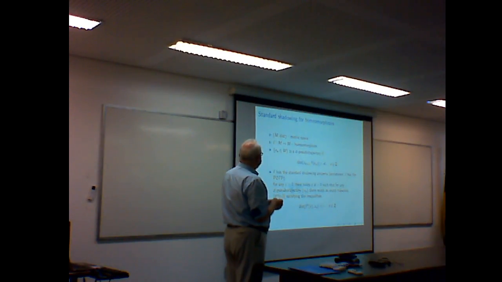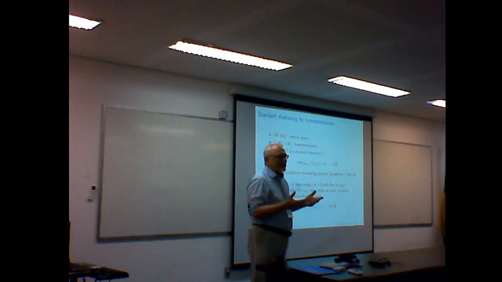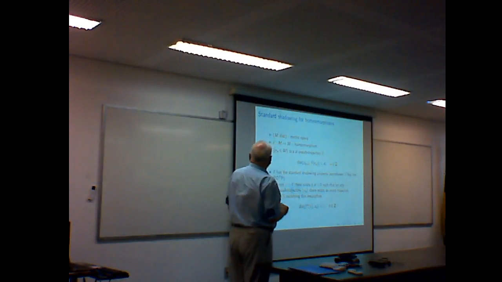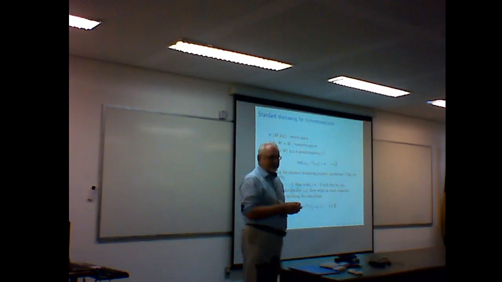I consider a metric space. Mostly, I will assume that it's a compact metric space, but also some results will be for Euclidean spaces or for n-dimensional complex spaces. So I consider a dynamical system generated by a homeomorphism f.